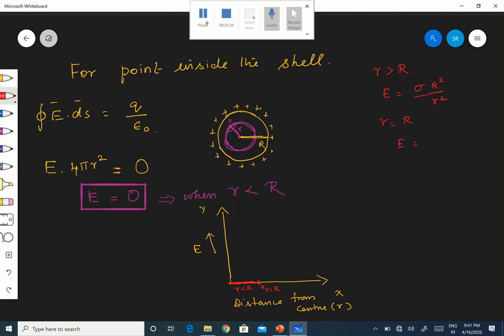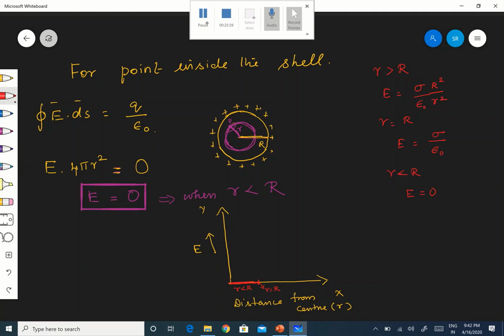When r is equal to R, E is equal to sigma by epsilon naught. When r is less than R, E is equal to 0. All three cases we implement while plotting the graph.